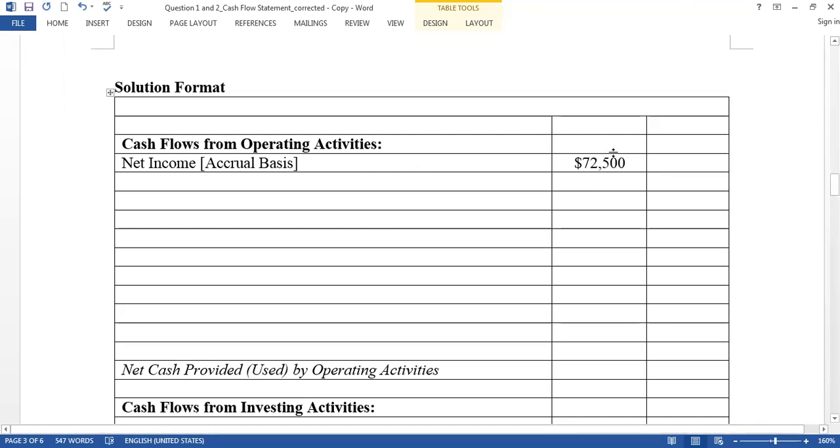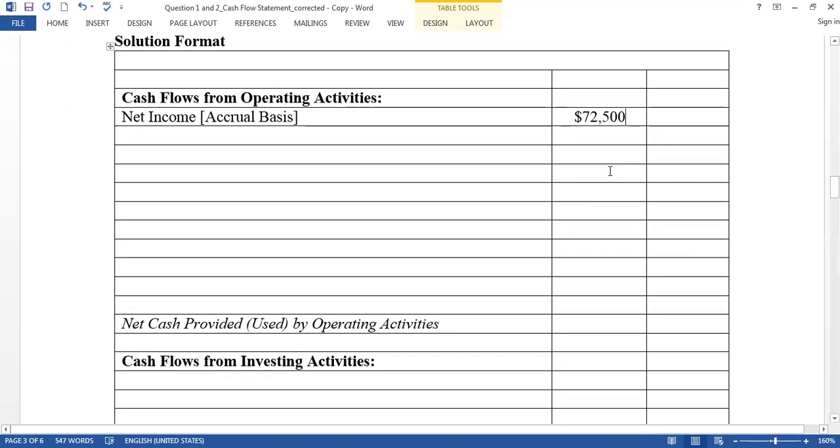This is the accrual basis net income, and we have to convert it to the cash basis net income.